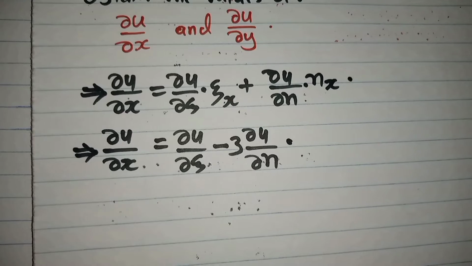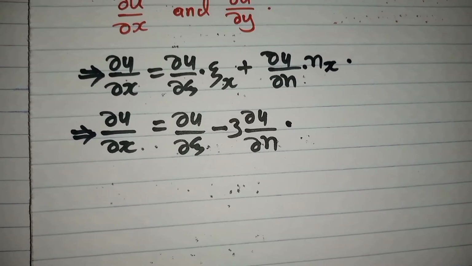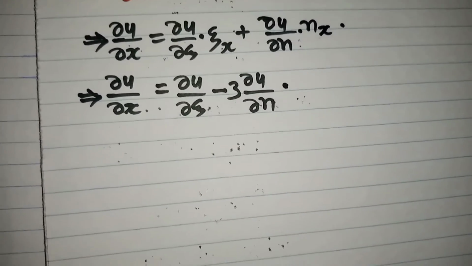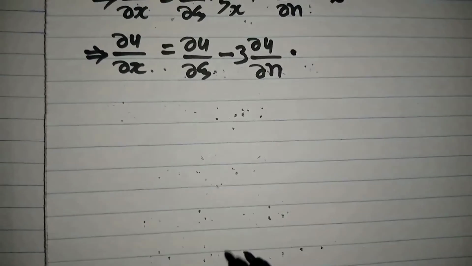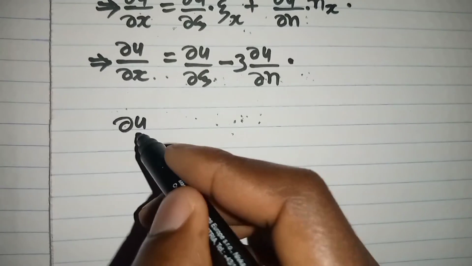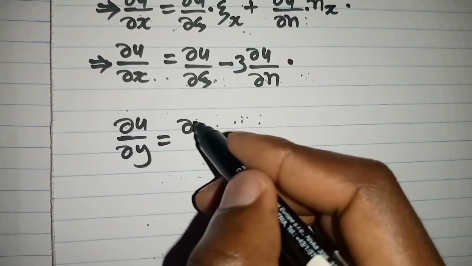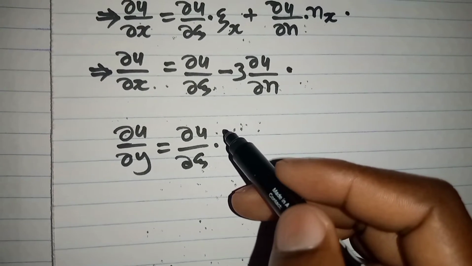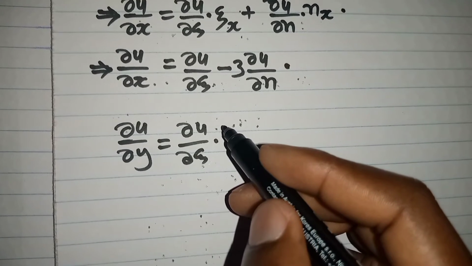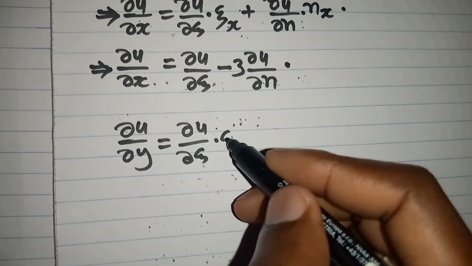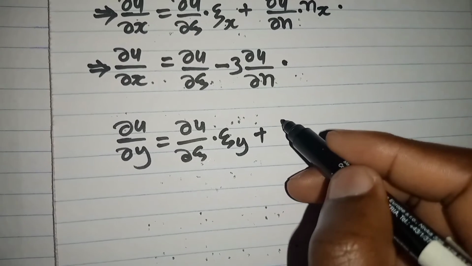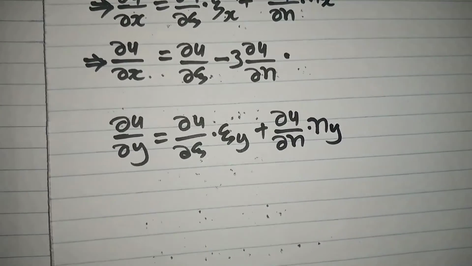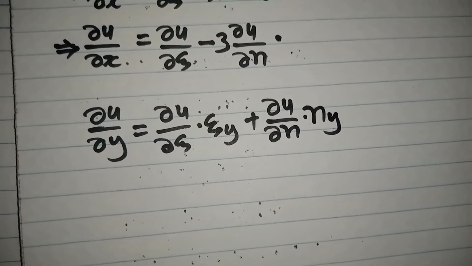Now, having obtained the partial of u with respect to x, we proceed to obtain the partial of u with respect to y in terms of xi and nu. Therefore, the partial of u with respect to y will be equal to the partial of u with respect to xi, multiplied by xi y, instead of writing the partial of xi with respect to y, then plus the partial of u with respect to nu, dot nu y, instead of writing the partial of nu with respect to y.